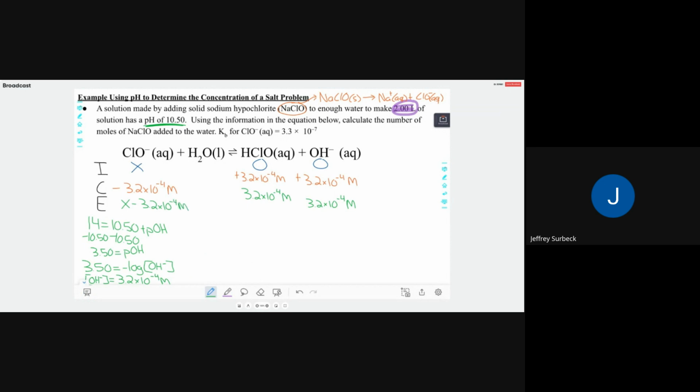So again, I always like to draw my picture here, put my formula, and so I go ahead and write out my KB in this process here. So for this process, our KB is equal to HClO times our hydroxide, our OH minus, all divided by ClO to the minus there.